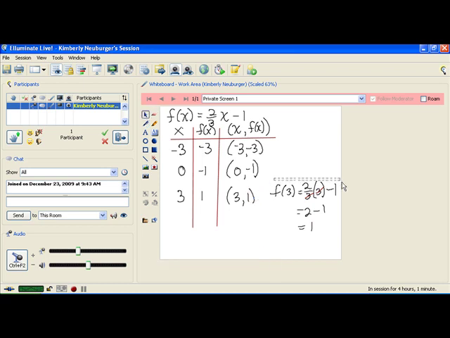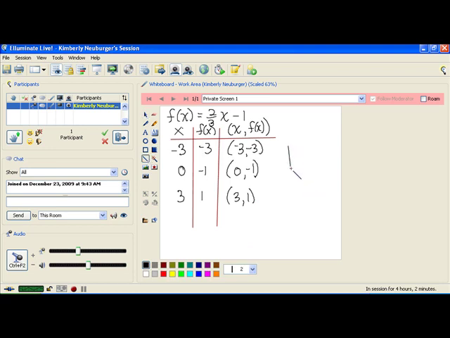Now, if we want to completely graph this function, all we need to do is make a coordinate plane and plot our points and then connect them. And you'll see that we get a line just like we did when we were dealing with graphing lines using tables. So let's go ahead and label our coordinate plane.